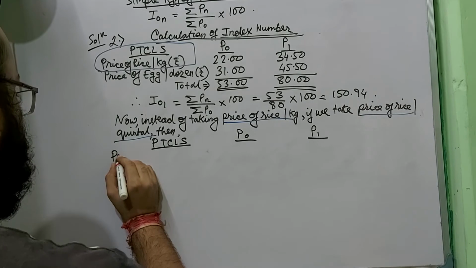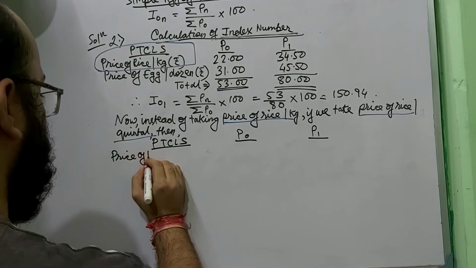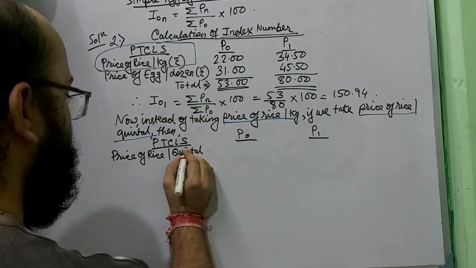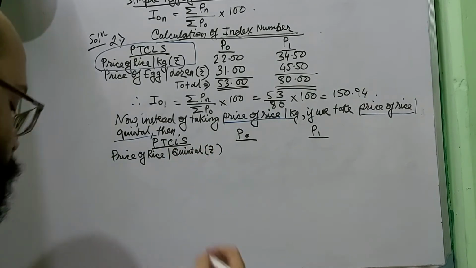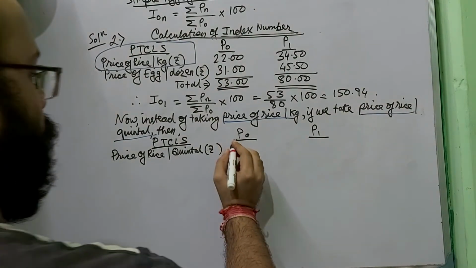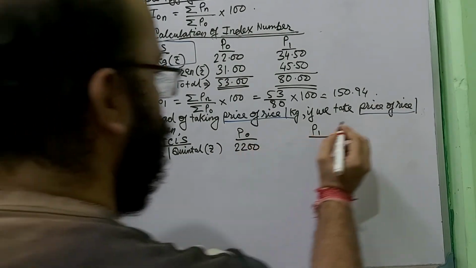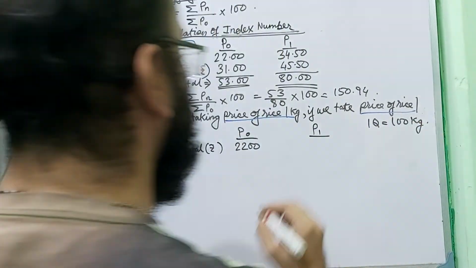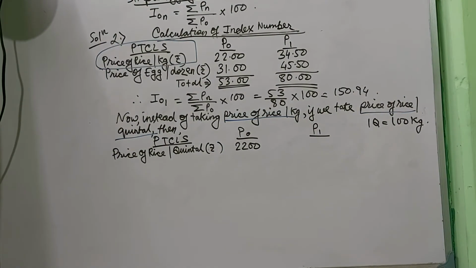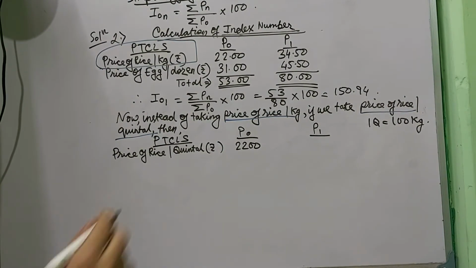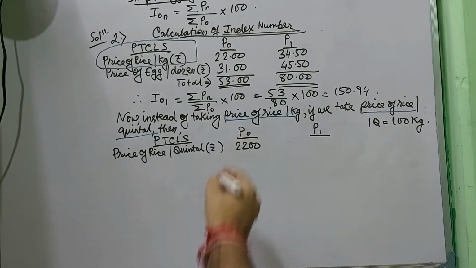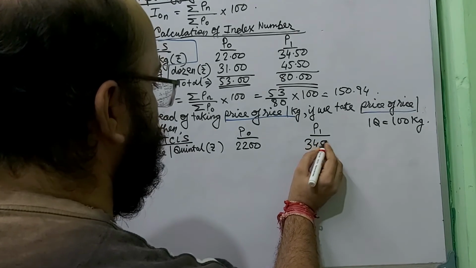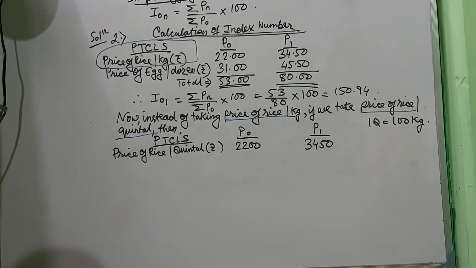Obviously, 1 quintal is equal to 100 kg, so I am considering 22 into 100, which means 2200, and 34.50 into 100, which means 3450. Otherwise, everything remains the same.